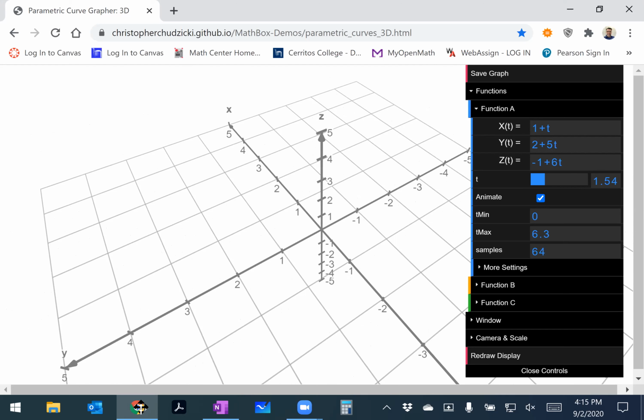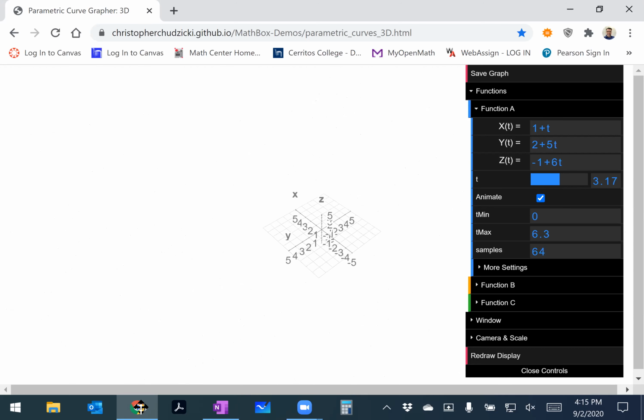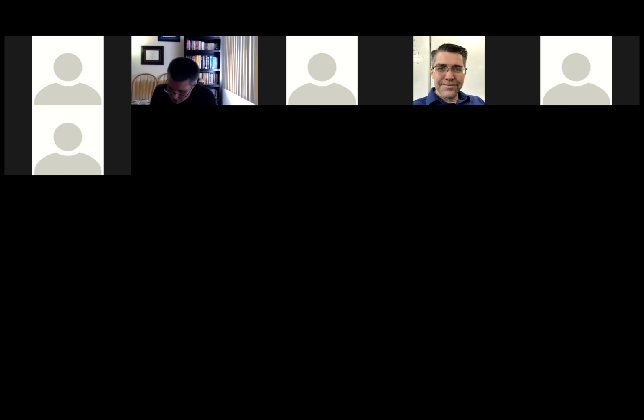Can I rotate this at all? Let me stop sharing for a second. I'm having a hard time rotating. Whatever. Okay, let's do it.